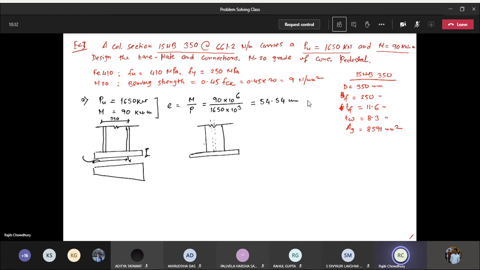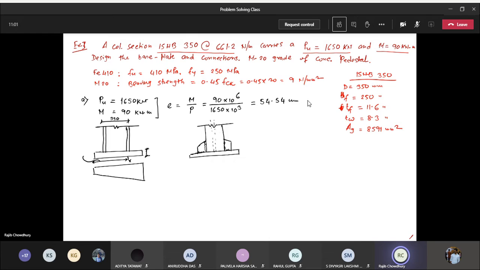So after that, as we said that it is a gusseted base, now we'll be providing the welding over here.